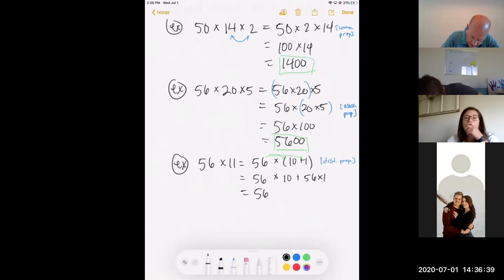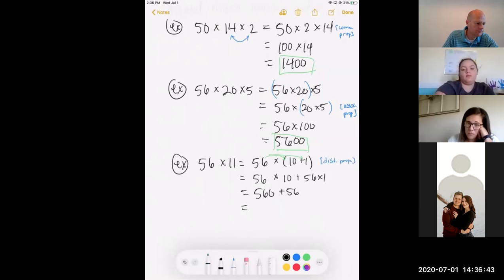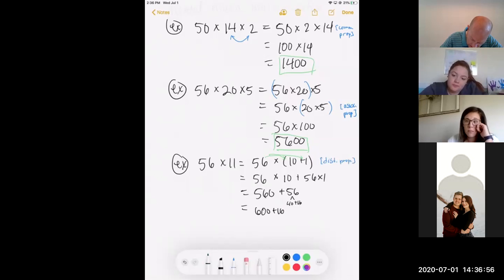So 560 plus 56. How can I add those two together? I did it 40 plus 16 so I could get to an even 600. Yeah, split this up into 40 plus 16. So I'll get 600 plus 16, which is equal to 616.